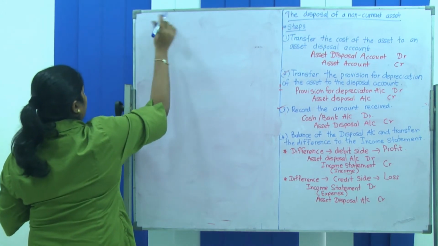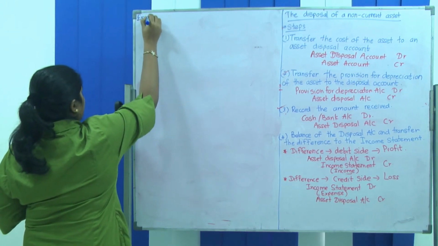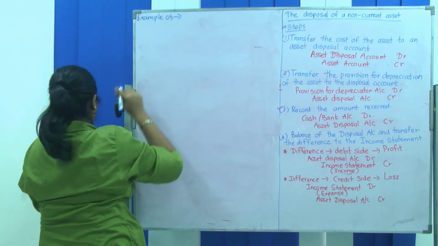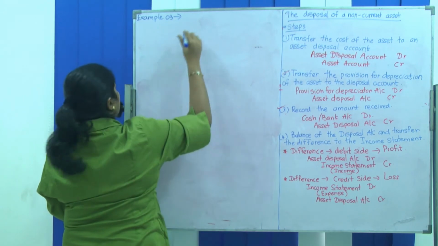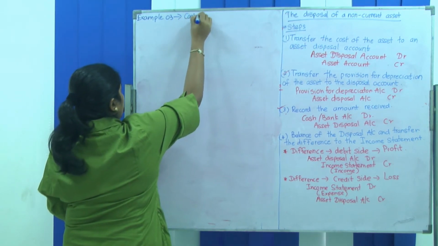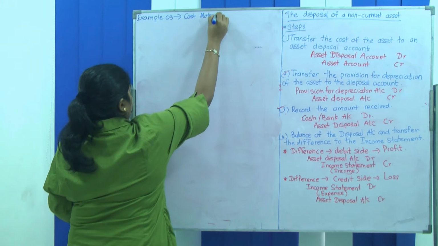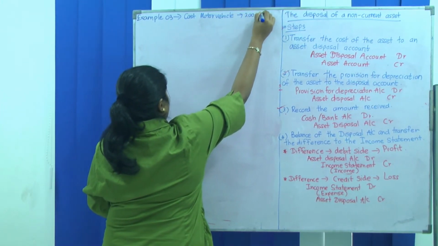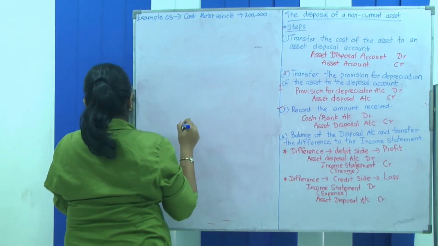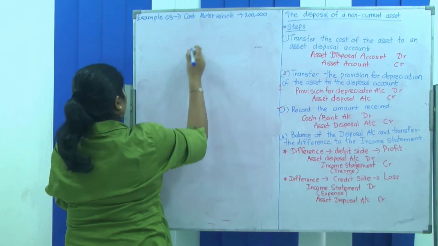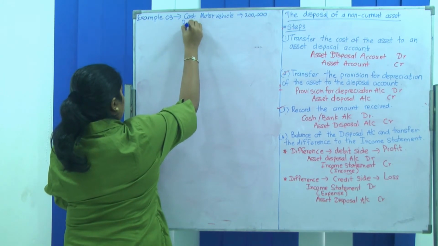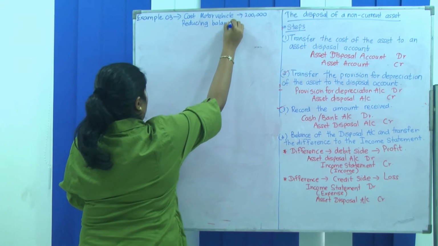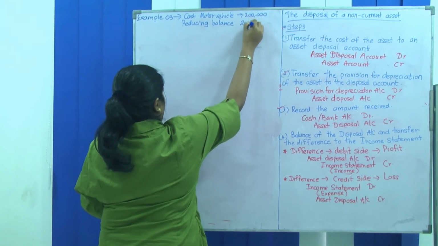I'll just give you the short form of the sum. Example number 3, where you purchase a motor vehicle, the cost is 200,000. Okay, then you are using the reducing balance method, 20% for 3 years.